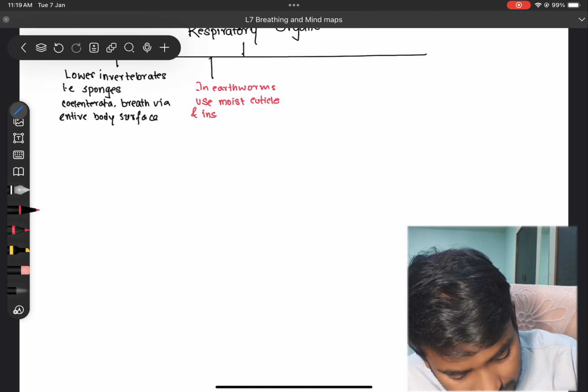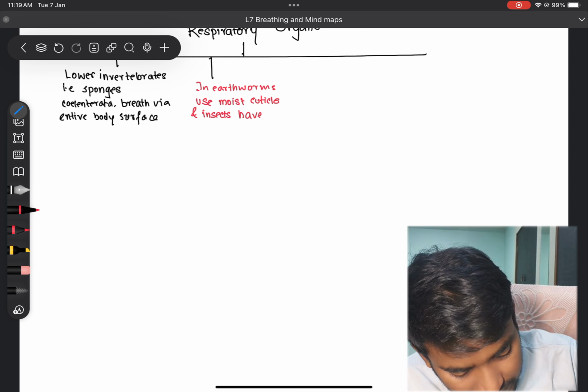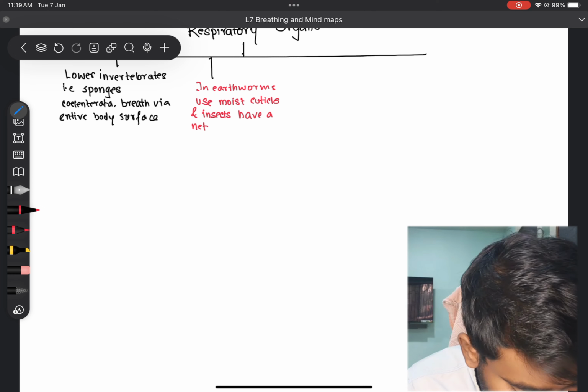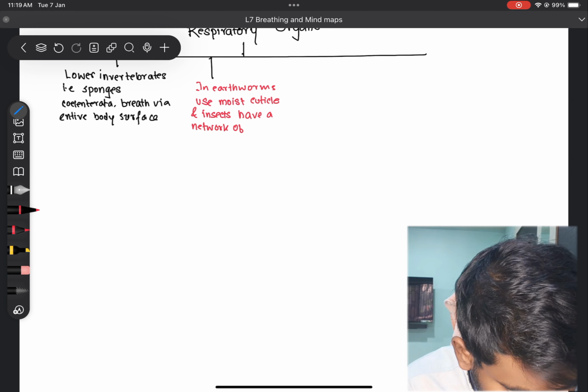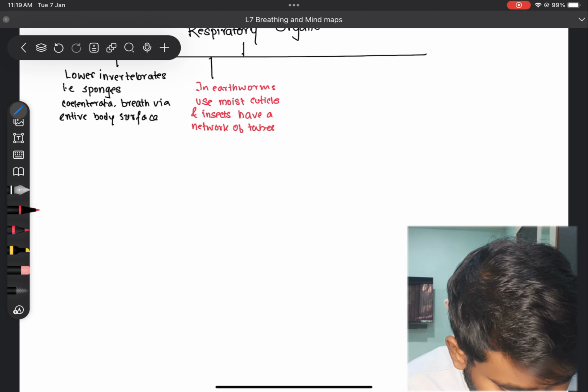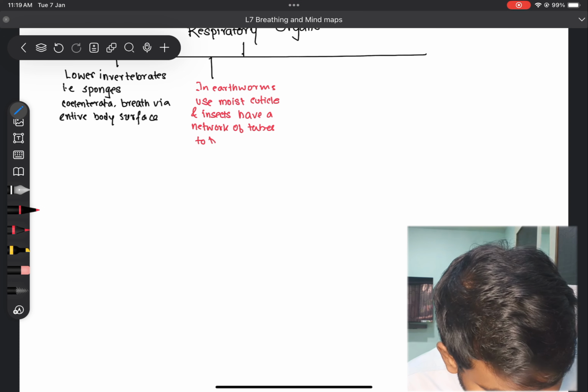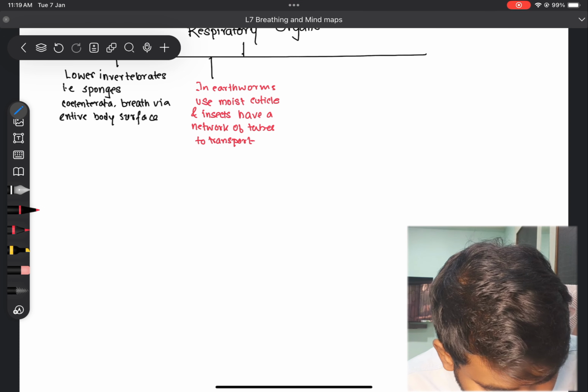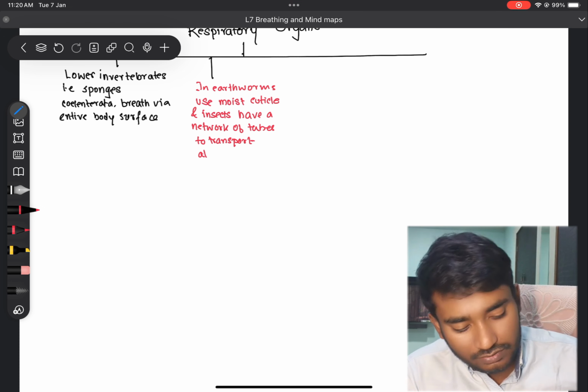And insects have a network of tubes to transport atmospheric air within the body.